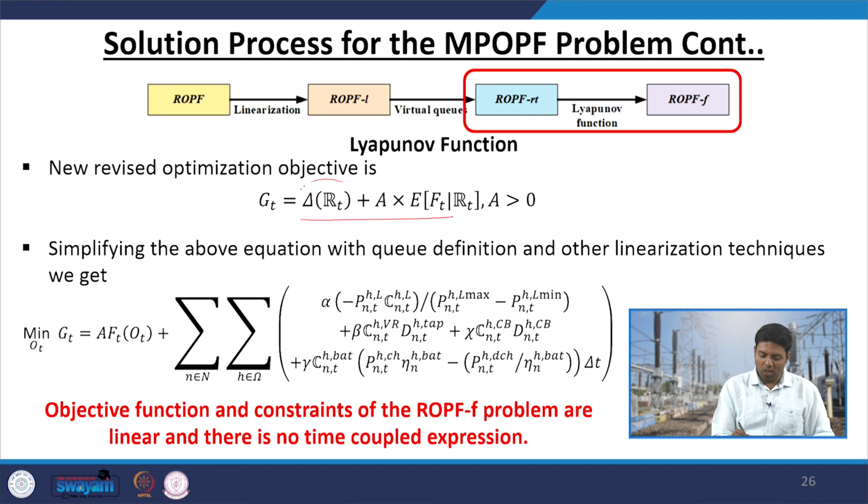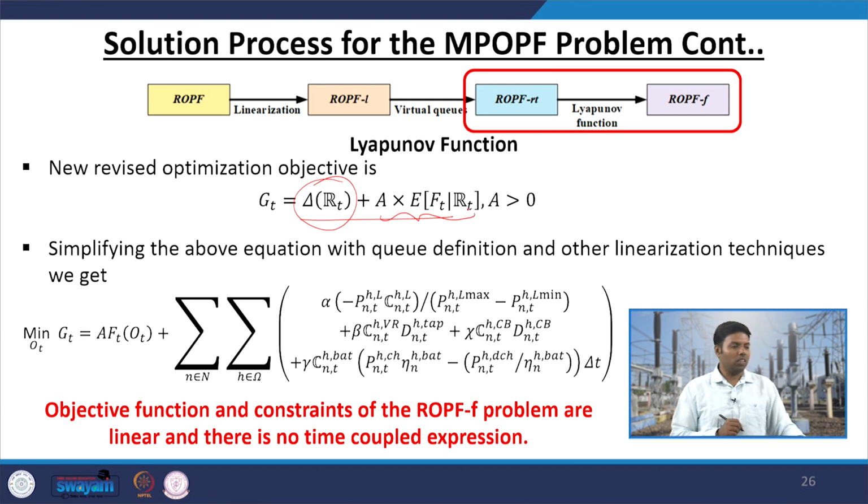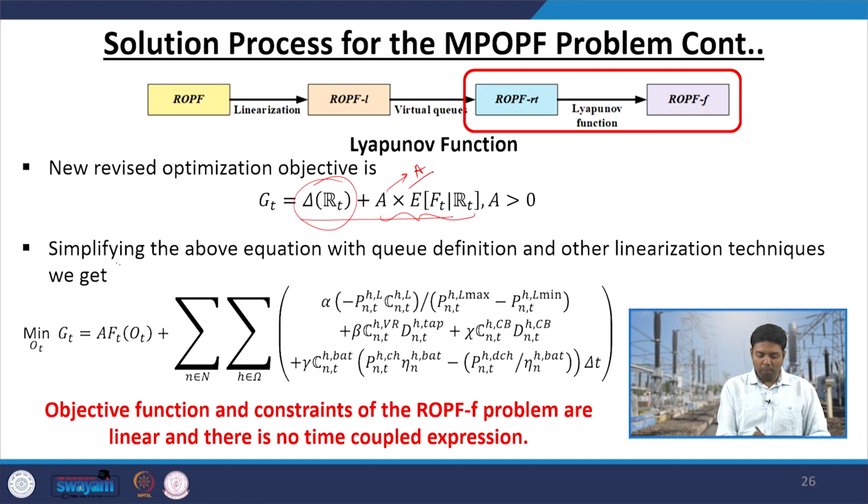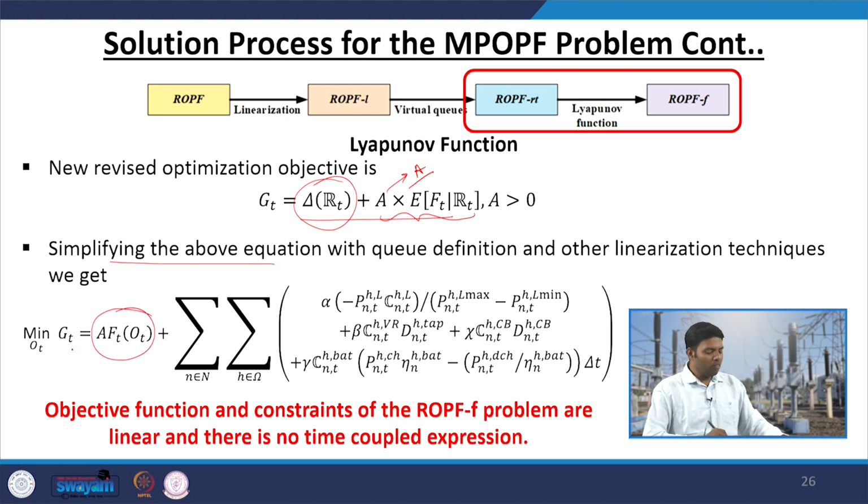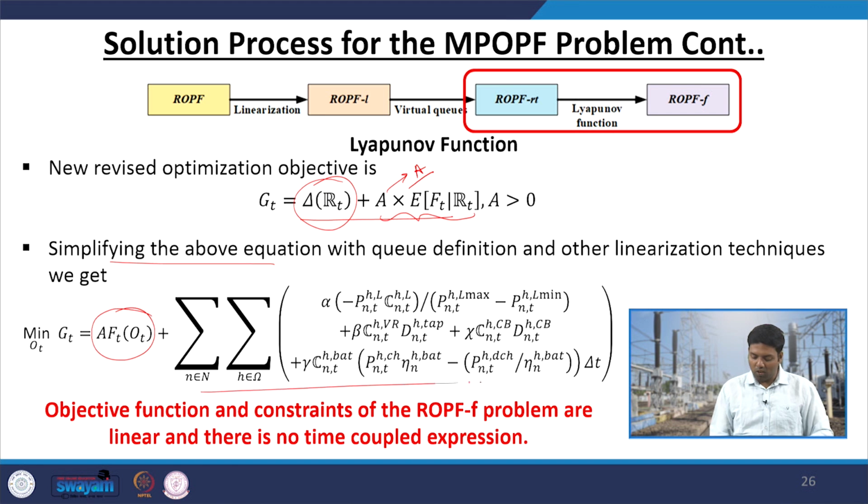So this is your Lyapunov drift and this is your actual cost function with a weighted value A. If you simplify the above equation, you will get that this is your total cost what you took before, and this is the function you are getting from the Lyapunov function.